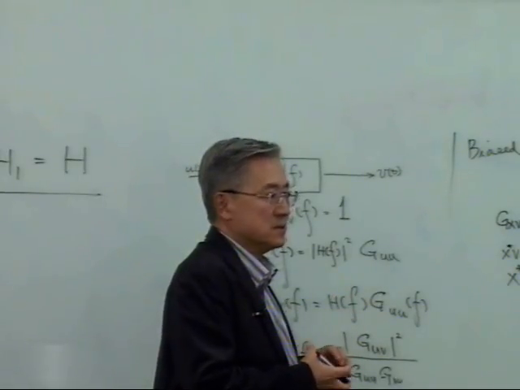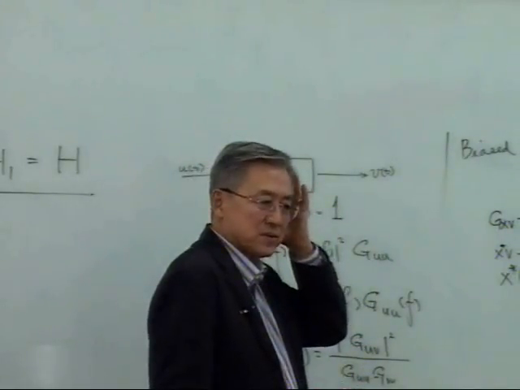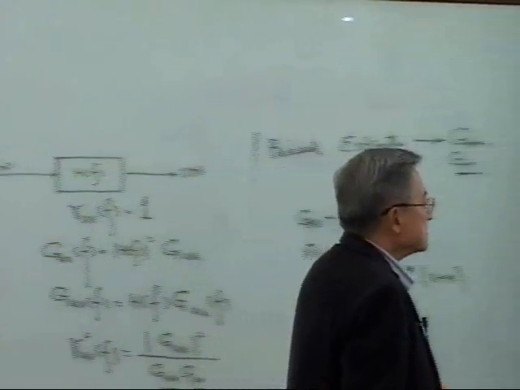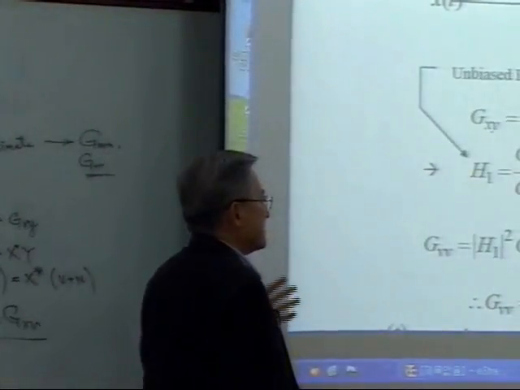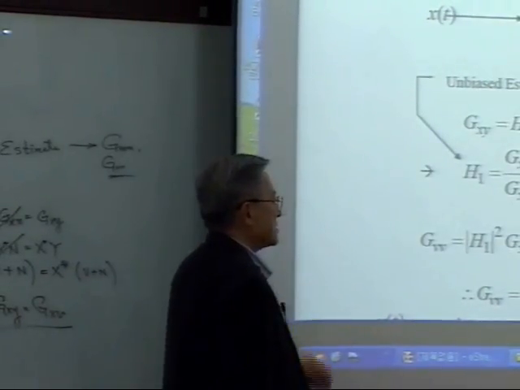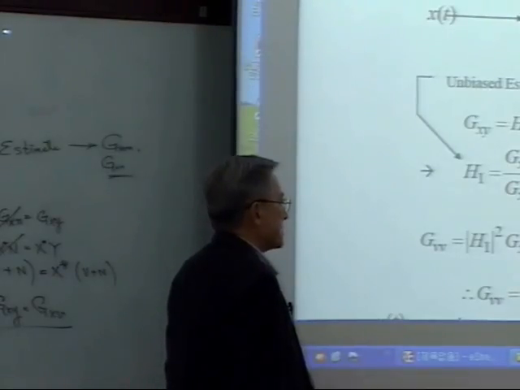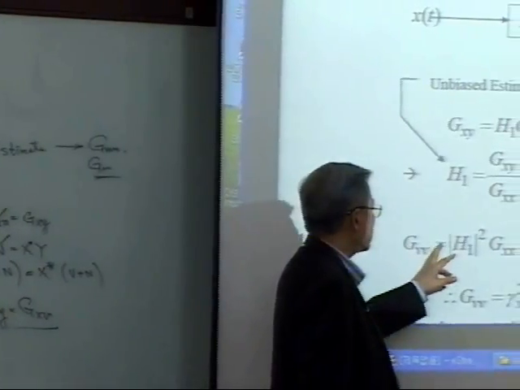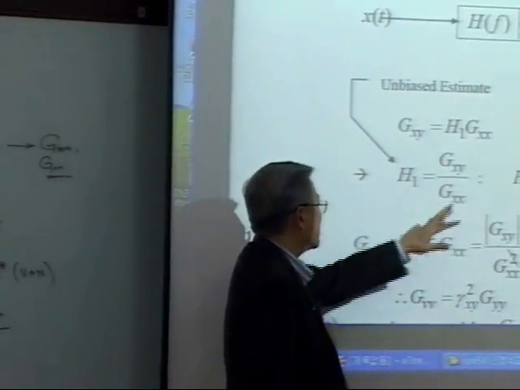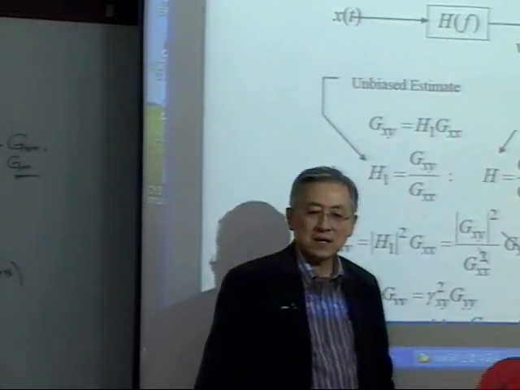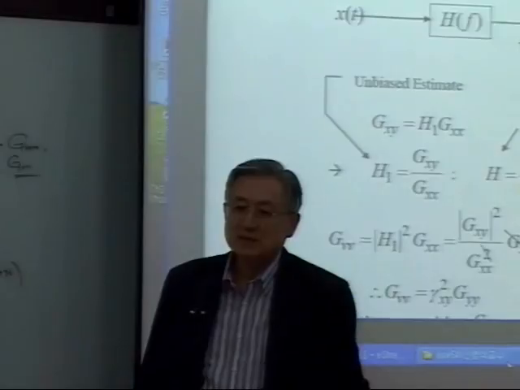I think you understood. As I see your faces, you understand really well. Shouldn't be a problem. This is really nice. If you really taste all this spectra estimate, it's really beautiful. So GVV is equal to H1 absolute squared. In this case, H1 and HR are the same.